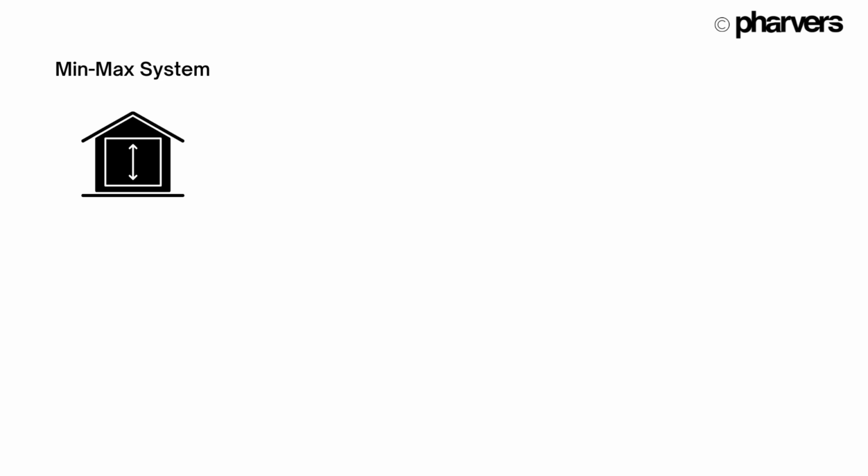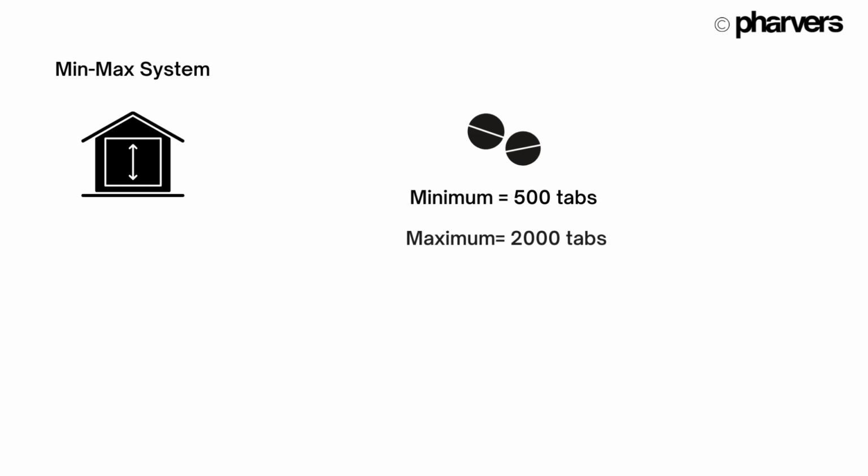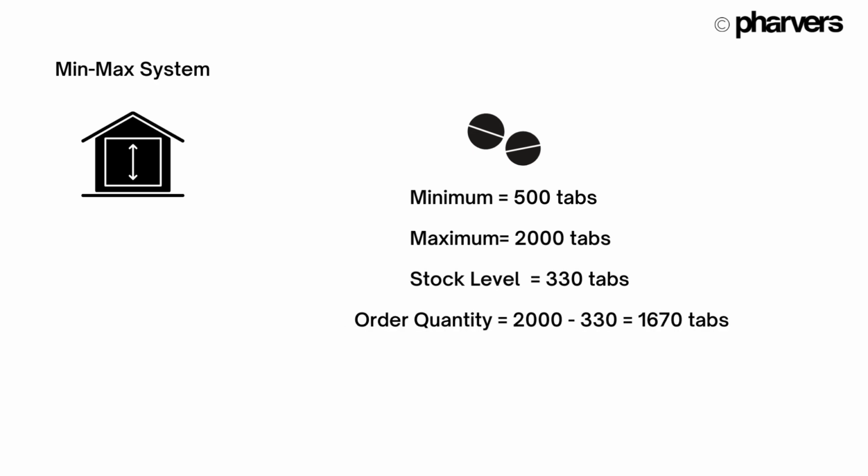For example, if as a pharmacy you have set your minimum stock levels of ibuprofen tablets at 500 and maximum level at 2000, then when stock levels fall to 330 tablets, a requisition of 1670 ibuprofen tablets should be made.